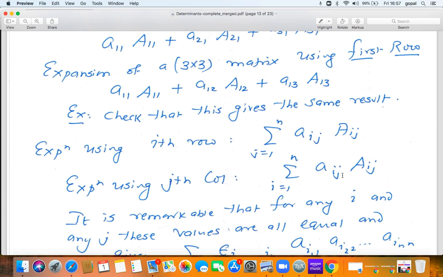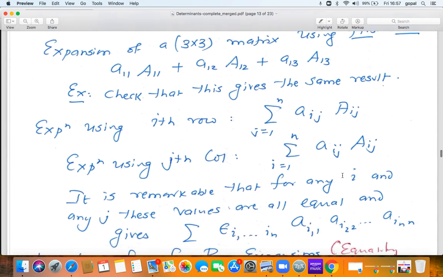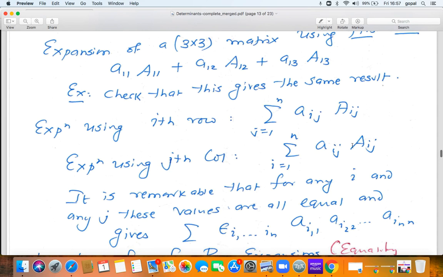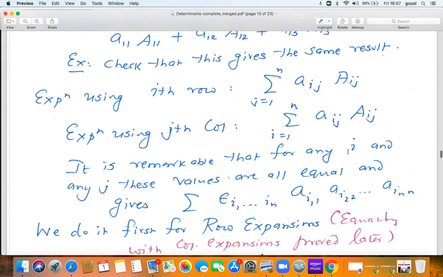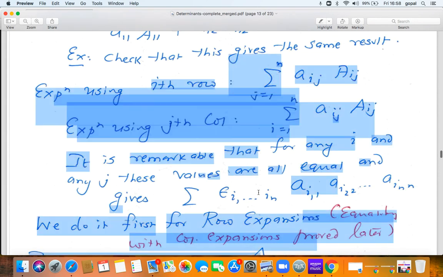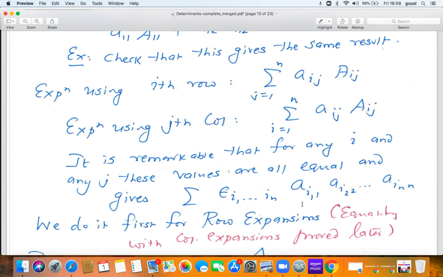And that is the expression that's going to come out finally, and that is the value of this. So both these ways of expanding, where i is arbitrary or j is arbitrary, are going to give the same number: summation epsilon i1 i2 ... in, a i1 1, a i2 2, ..., a in n.